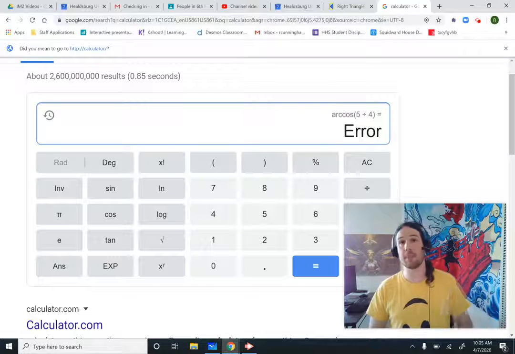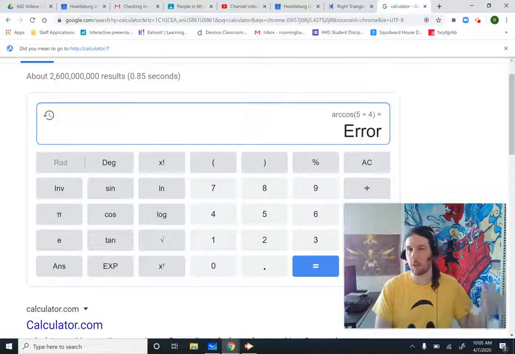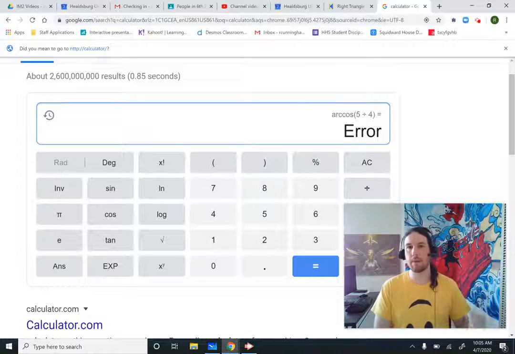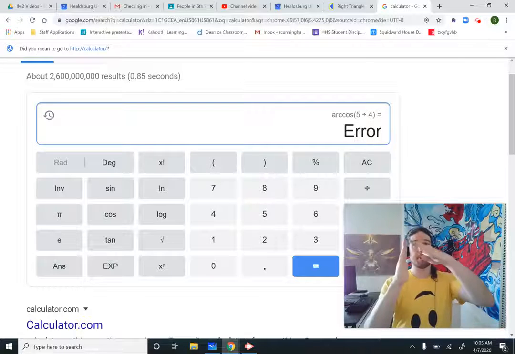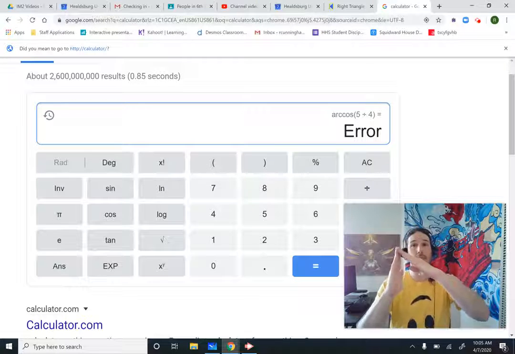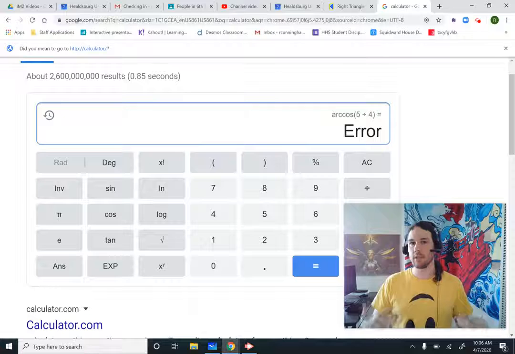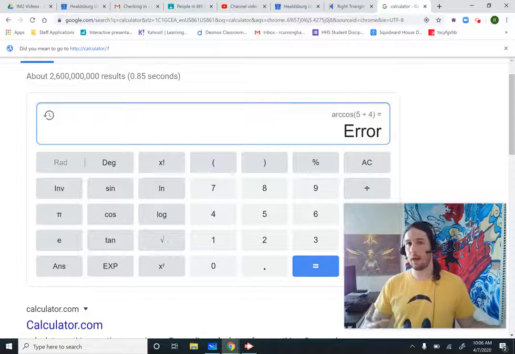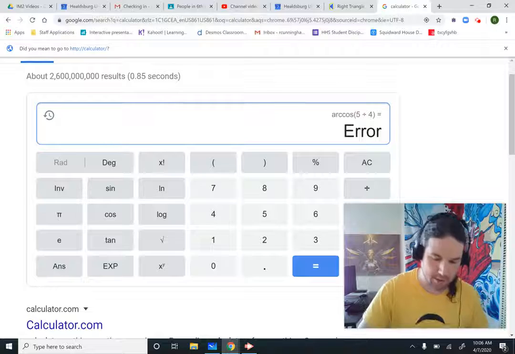And the reason for this should be obvious once you really think about what cosine means. Remember, cosine is the adjacent leg of a right triangle divided by the hypotenuse of that right triangle. And the hypotenuse is always the longest side of any right triangle. Any right triangle in the world, the hypotenuse is the longest side.